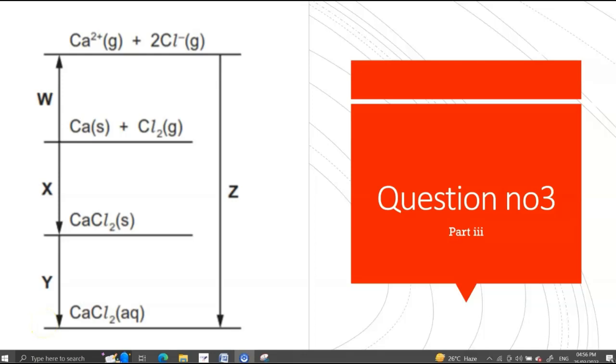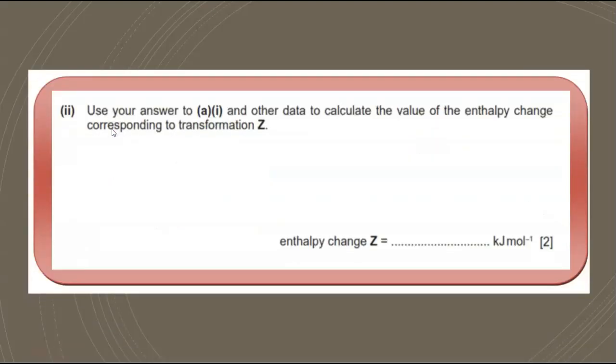Okay, this is part 3 of question number 3. We have already calculated the value of W. Now in question number 2, we have calculated the value of Z as well.